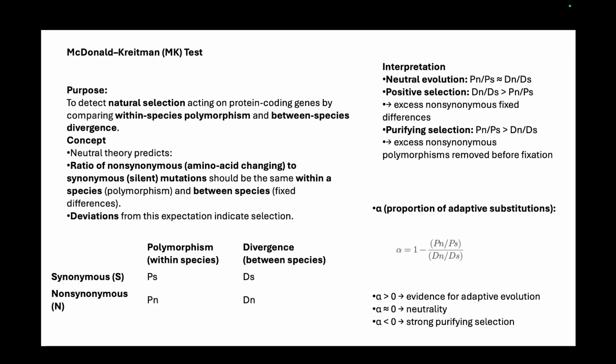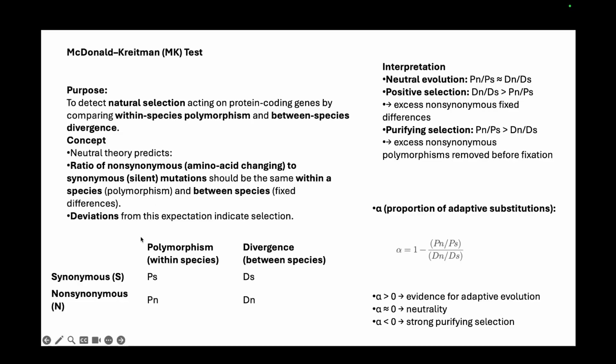So the ratio should be fixed within species and also fixed at a fixed difference with other species. Deviations from this, if there are differences between these, can indicate some sort of selection is going on.